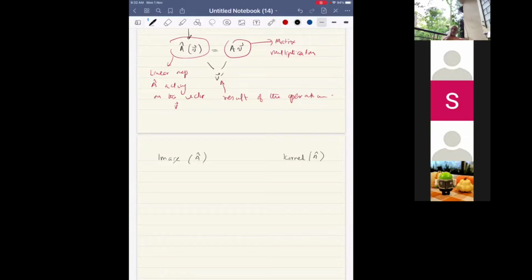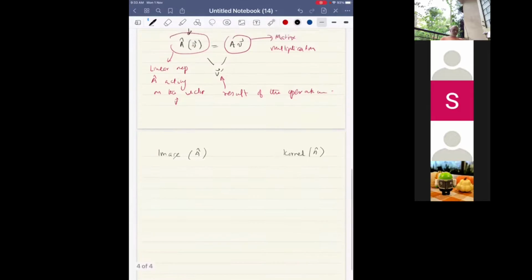And when a matrix is given in row echelon form, the image is immediately readable. The kernel is slightly harder to describe, but with a little effort, you can see what the kernel is, and then you can determine the dimension of the image and the dimension of the kernel, and you can check that the rank nullity theorem is satisfied quite easily.